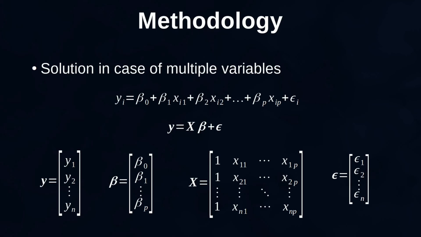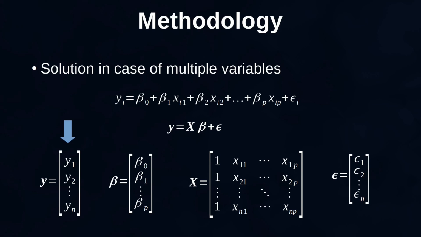The linear regression problem can also be defined for more than one independent variable, and the equations are typically written in matrix form. For a generic point with output yi, there are p different input variables, and each of them is associated to a specific beta coefficient. And then there is also the coefficient beta 0, not associated to any variables because this is the intercept.